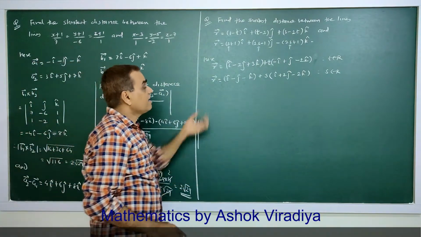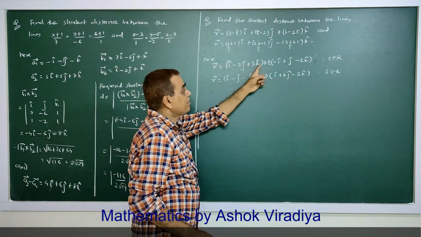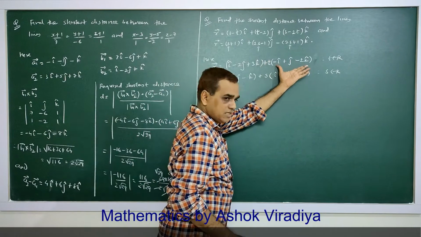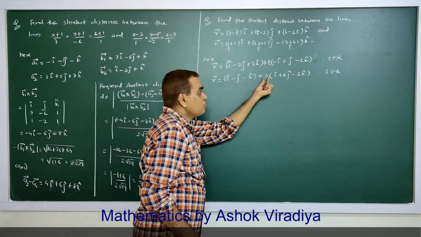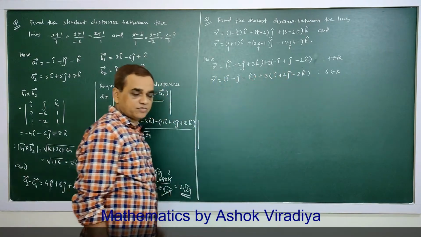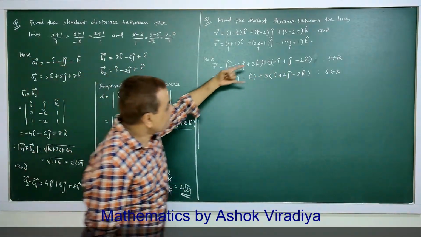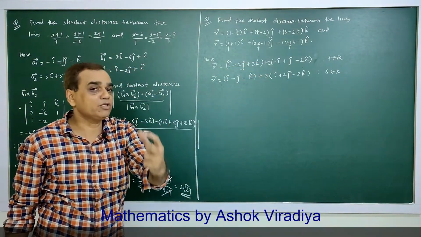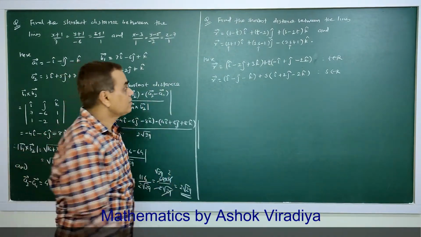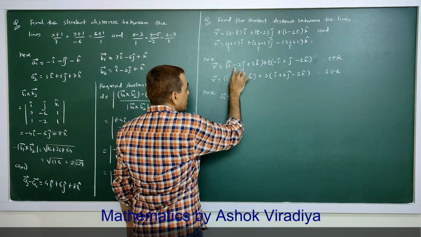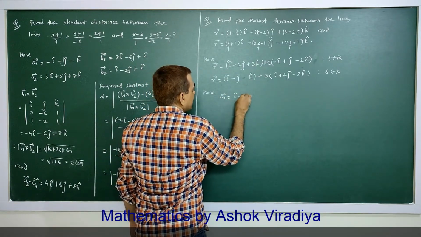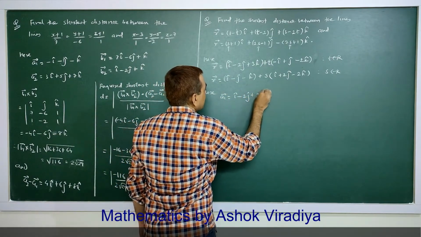So it is like vector R is vector A plus lambda times vector B, and vector R is A2 plus mu times vector B2. Here the symbols are different; instead of lambda and mu, t and s are taken. So now vector A1 is i minus 2j plus 3k.